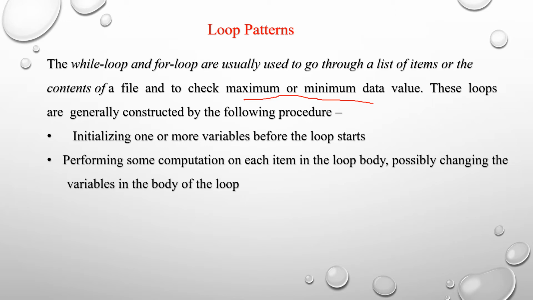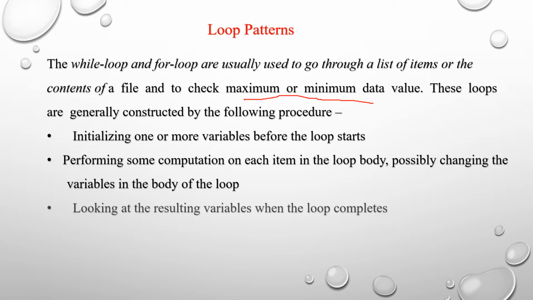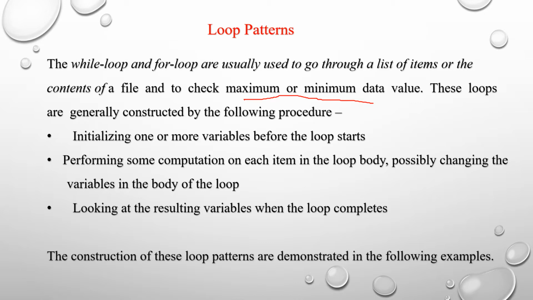The next procedure is performing some computation on each item in the loop body, possibly changing the variables in the body of the loop. This is the second procedure. And the next procedure is looking at the resulting variables when the loop completes. The construction of these loop patterns is demonstrated in the following examples.